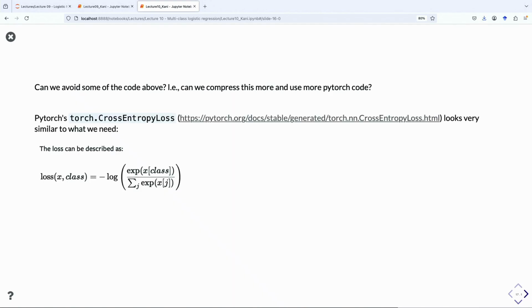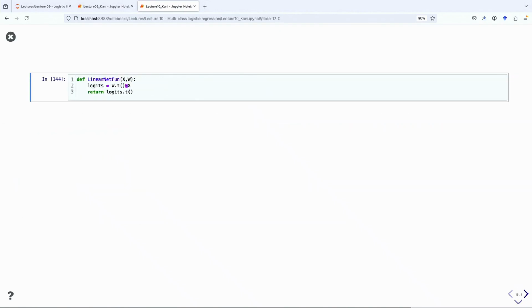So PyTorch actually has an inbuilt function called cross entropy loss. It looks very simple. It's literally the cross entropy loss that we just discussed. But at least in this case, we don't have to code it out by hand.